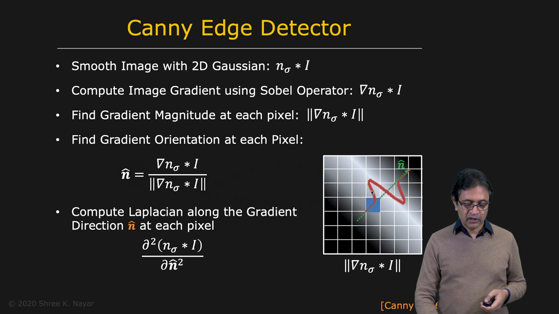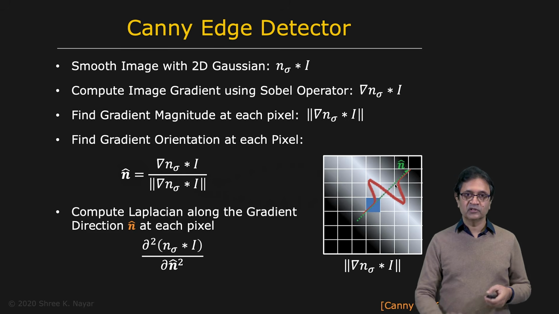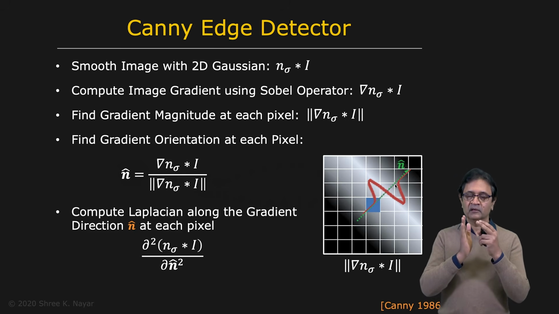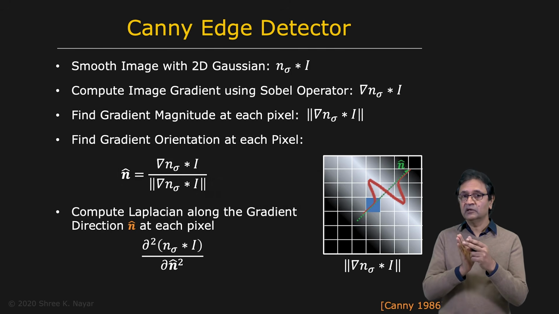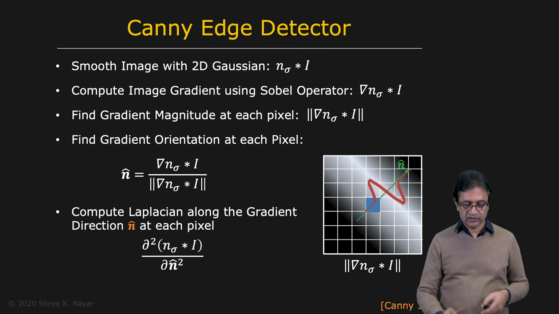So you construct a 1D Laplacian and simply apply it along that direction. Canny's argument is that if you do this, you're not going to be affected by things that happen along the other dimension. That might end up corrupting your result here. You get a much more reliable result if you construct a 1D Laplacian operator that's been designed for that particular direction, for that particular pixel.